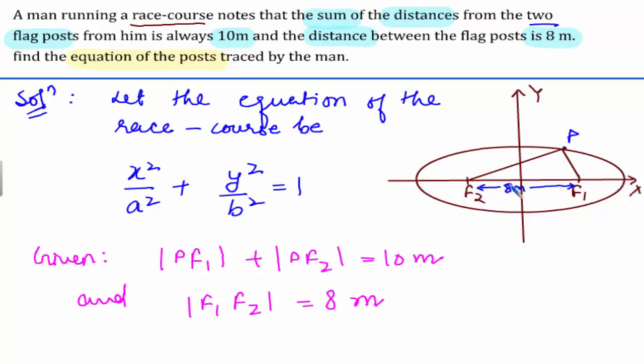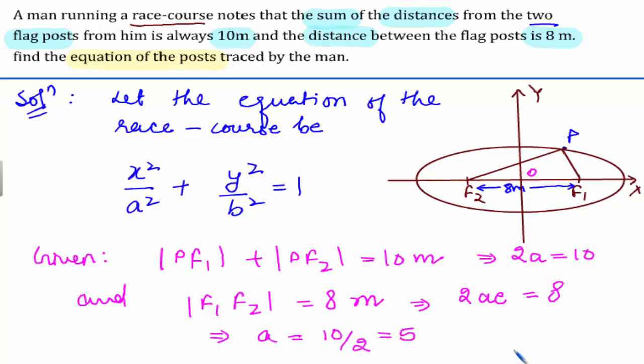Therefore, this implies that 2a is equal to 10, and if suppose this O is the origin, then the distance between F1 and F2 is OF2 plus OF1, that is 2ae is equal to 8. Now 2a is equal to 10 implies that a is equal to 10 divided by 2, which is equal to 5.